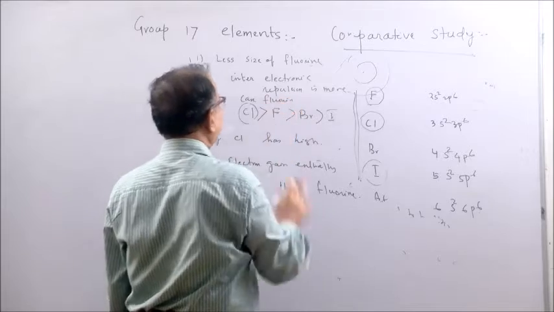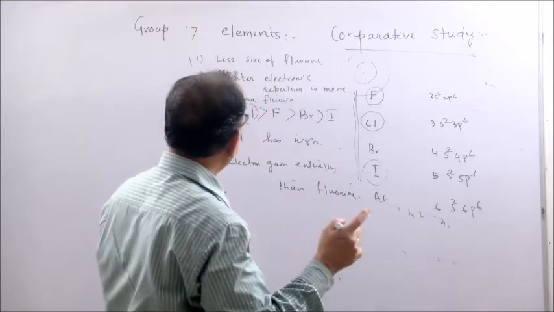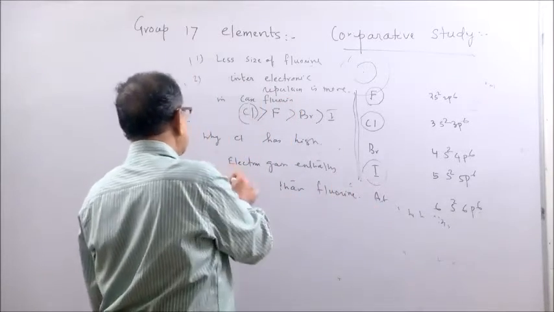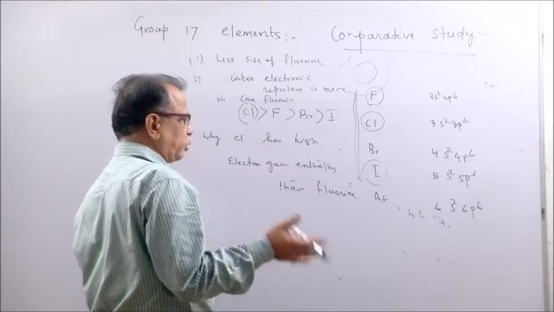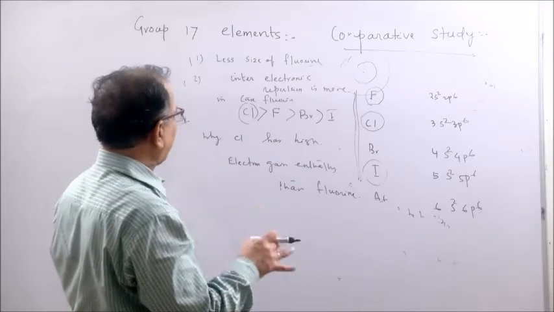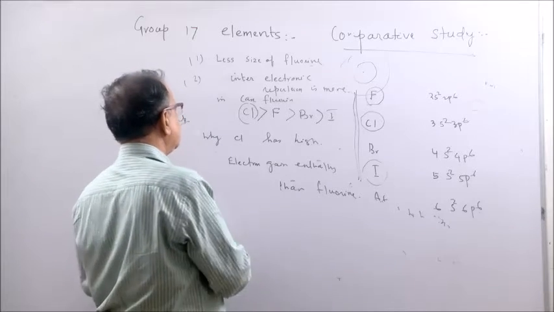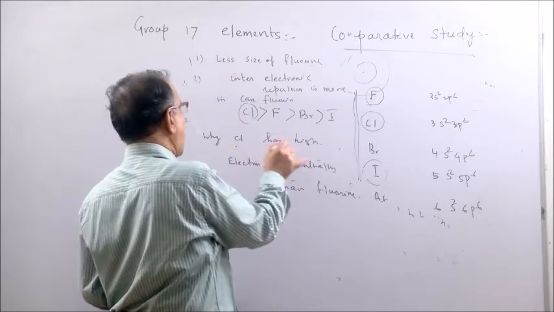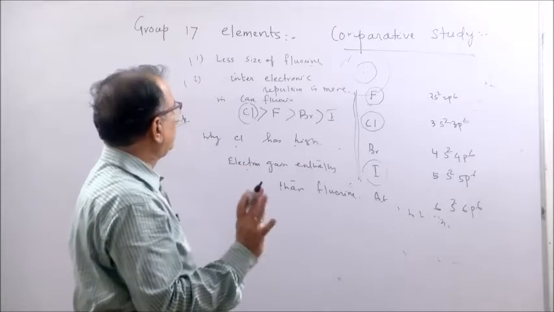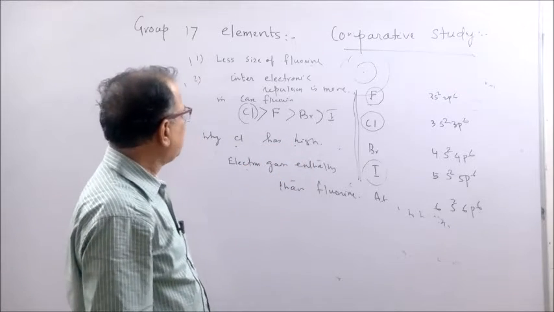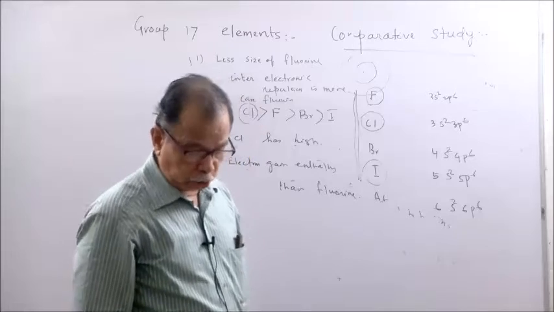In chlorine the size is larger, so the repulsion is less. Hence chlorine has a higher electron gain enthalpy than fluorine. The answer will be 2 points: one is the less size of fluorine, and the other is inter-electronic repulsion.